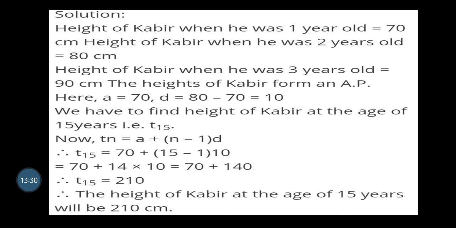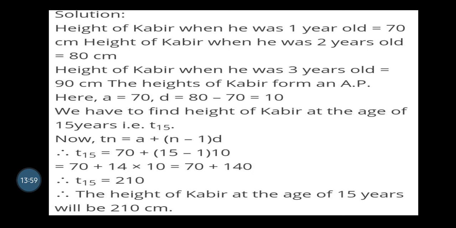Now we have to find the height of Kabir at the age of 15 years, that is T15. So we will write our formula to find the nth term, that is Tn equals A plus n minus 1 times D. Substituting the values, T15 equals 70 plus 15 minus 1 times 10. 15 minus 1 we get 14. 14 into 10 we get 140.